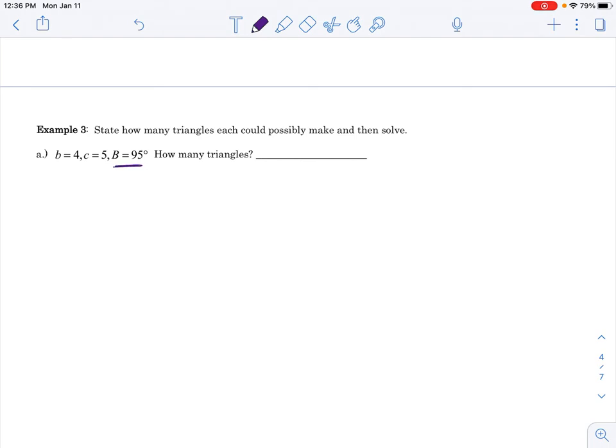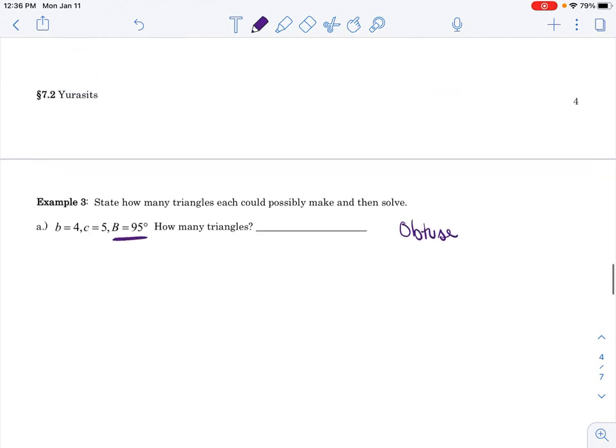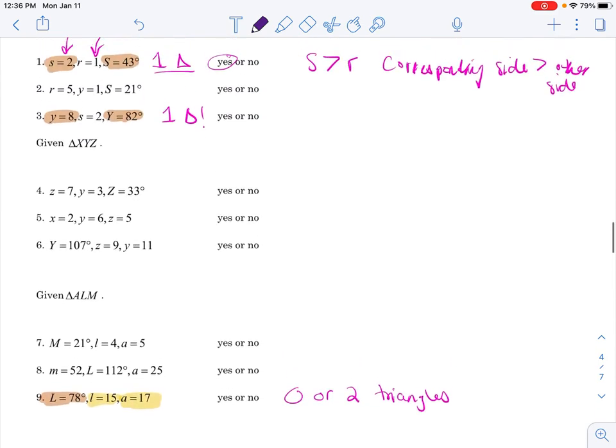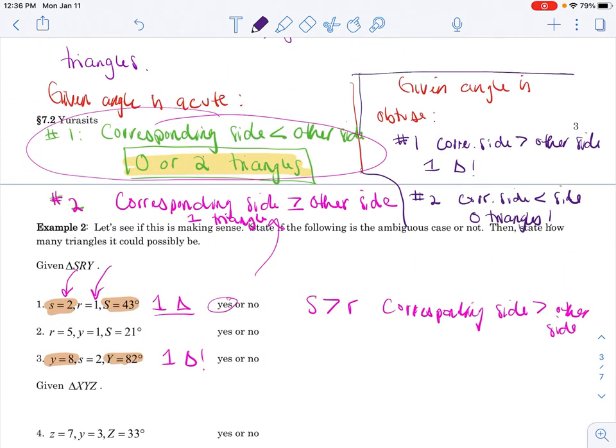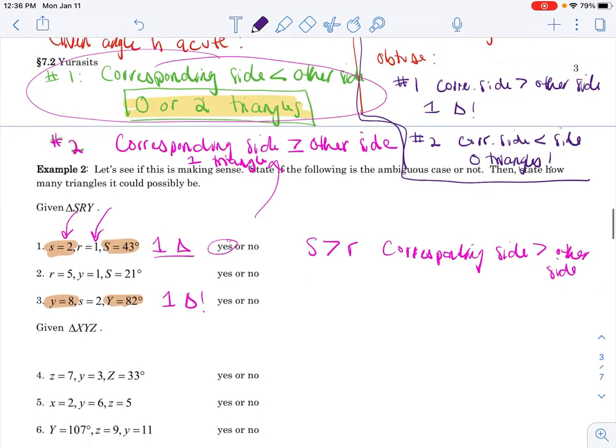Okay, in example 3, is your angle acute or obtuse? It's obtuse. So I'm going to go up again, and here I'm looking in this camp. So now comparing the corresponding side to the other side.